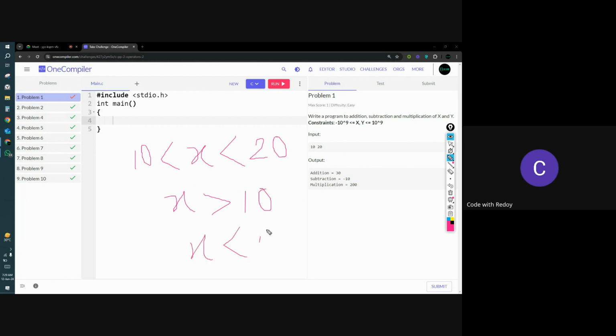That means the value of x must be between 10 and 20. The value can be 11 to 19. Do you understand? Yeah. Sure.